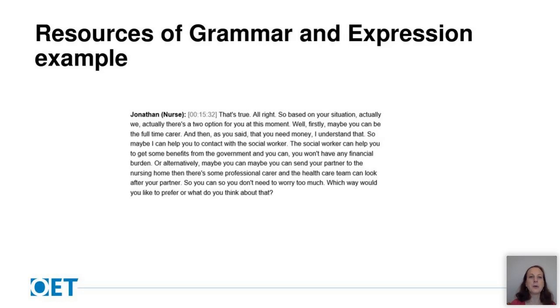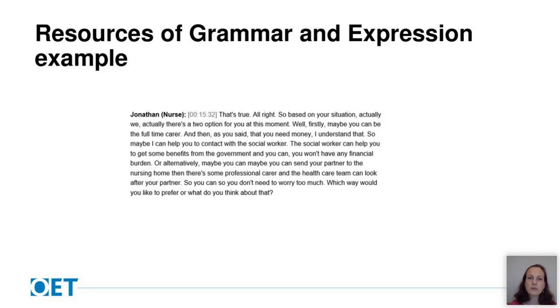So for example, "a to option for you at the moment", or there are times when the nurse self-corrects, so "you can, you won't". We also wouldn't say "send your partner to a nursing home". Perhaps you might say admit your partner to a nursing home or apply for your partner to go into a nursing home.